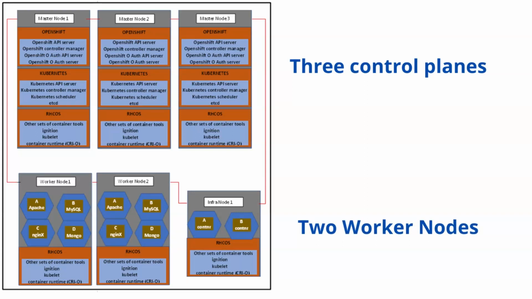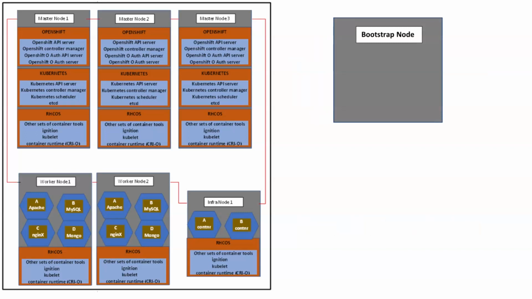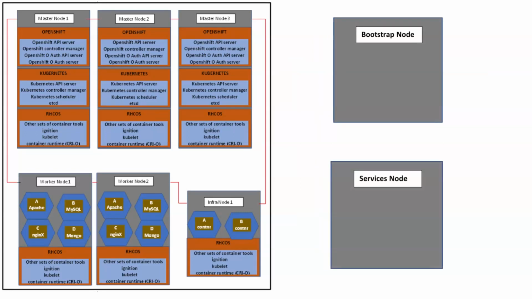In addition to that, the OpenShift installation also requires a temporary bootstrap server and a services machine. So in addition, it means that you would have at least 7 servers to be able to install the OpenShift cluster. And hey, come on, I don't have this kind of resources.